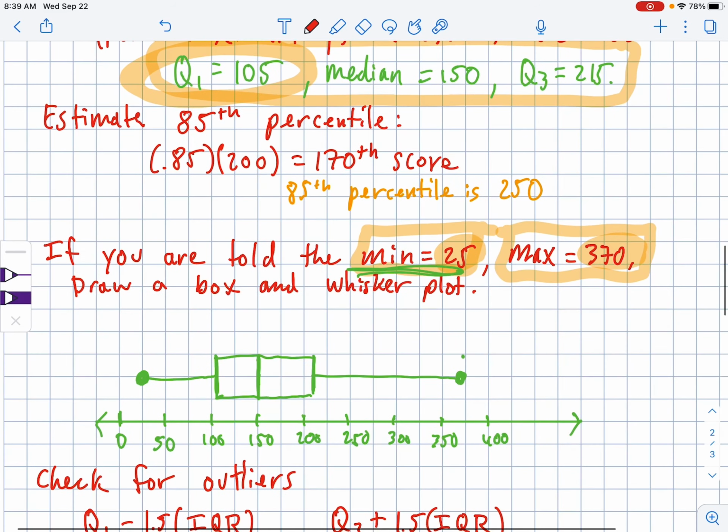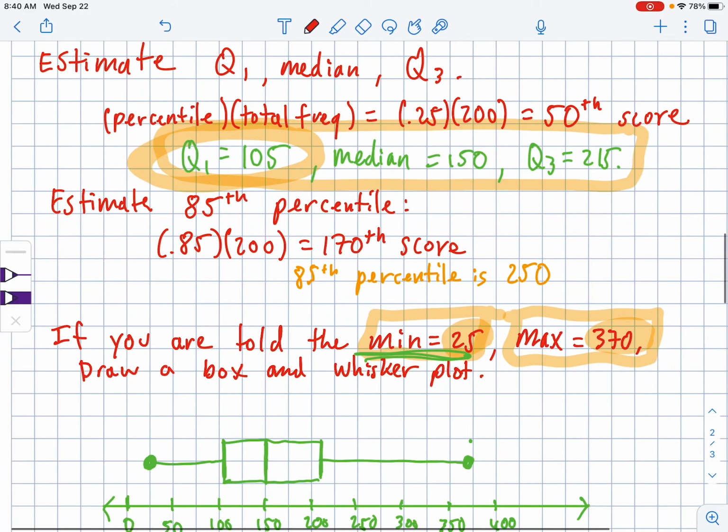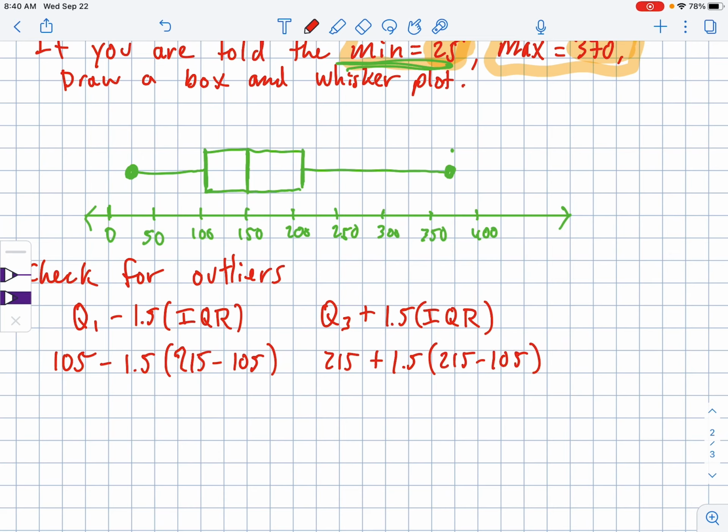Q1 was 105 and Q3 was 215. So the lower is 105 minus 1.5 times the interquartile range, 215 minus 105. And the upper is 215 plus 1.5 times 215 minus 105.